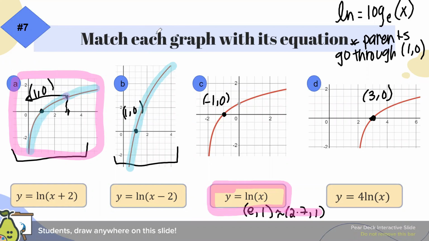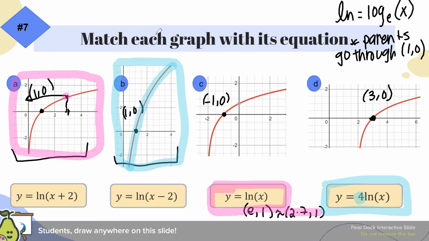And a steeper graph just means that we have a vertical stretch in front of it, so maybe something like 4 in front of it. So graph B is being multiplied by 4. There's no horizontal shift and no vertical shift because it still goes through the point (1, 0), but it has been stretched vertically, making it steeper.